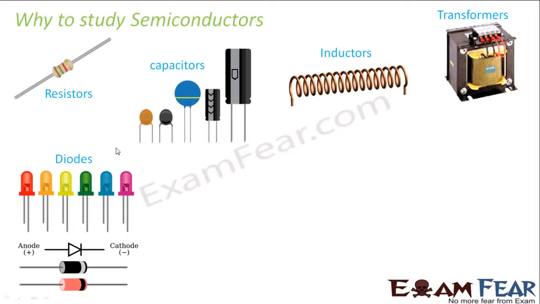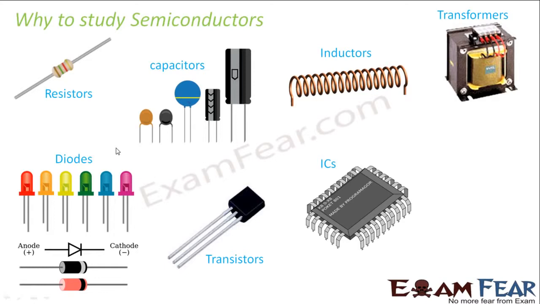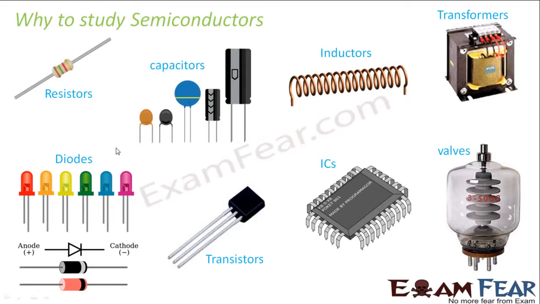I'm sure if any of you would have observed any circuit closely, you would have seen all these things. You'll come to see diodes, you'll see transistors, you'll see ICs. What are ICs? It's like an entire circuit which is built on a very small chip. It's very small. You get to see valves. So now you see some different kinds of things as well.